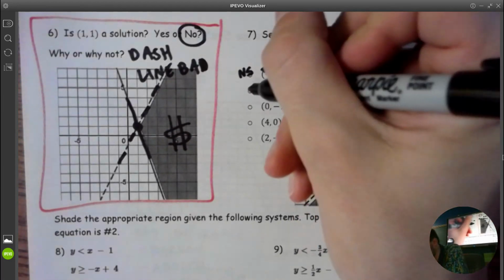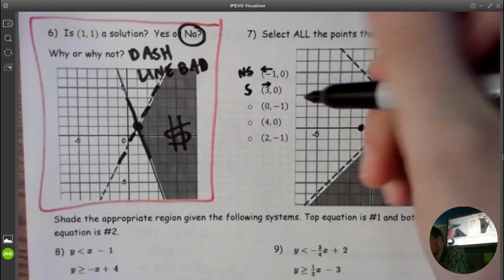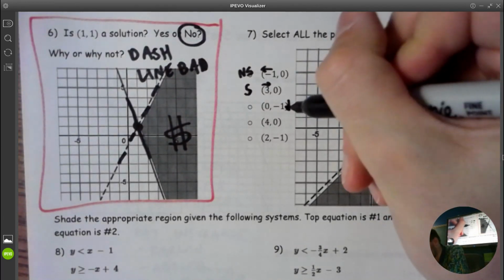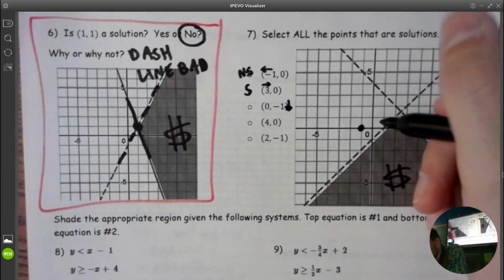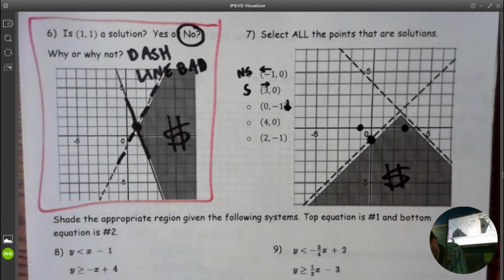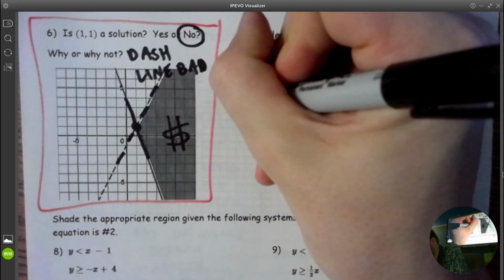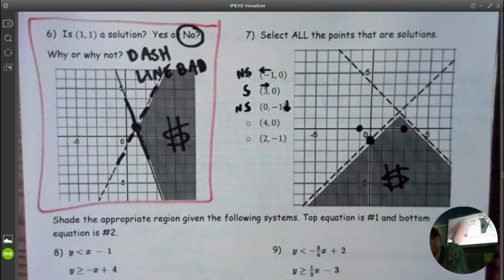That does look like a nice solution because it's nice and in the shaded region. This -1 tells me to go down because it's in the Y position, so that's going to tell me to go right here. Here's our first difficult one. It's right on the line. It is on a dashed line. So that is not a solution, because a dashed line does not count.